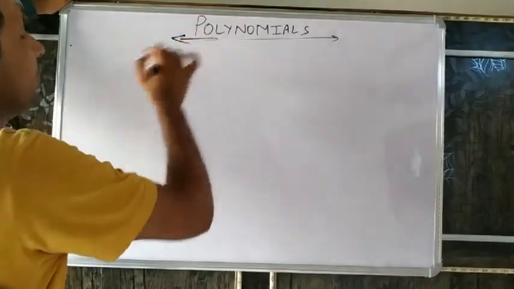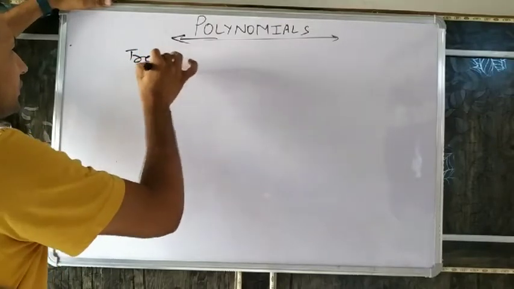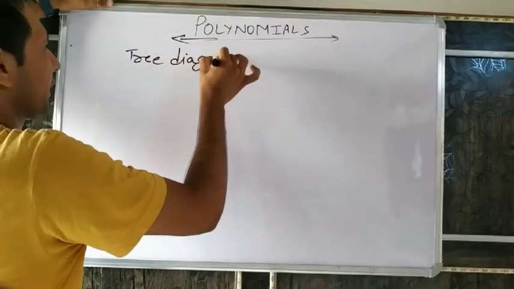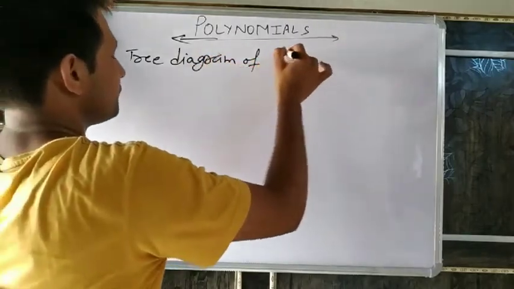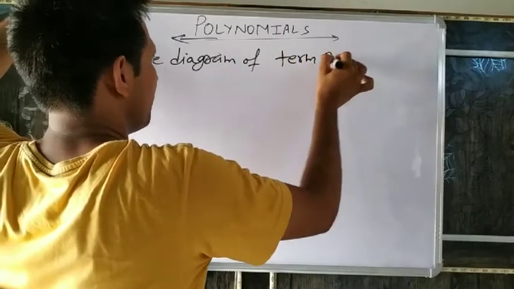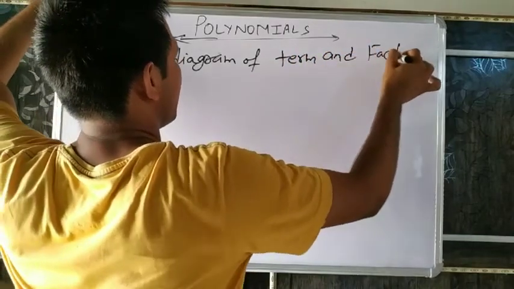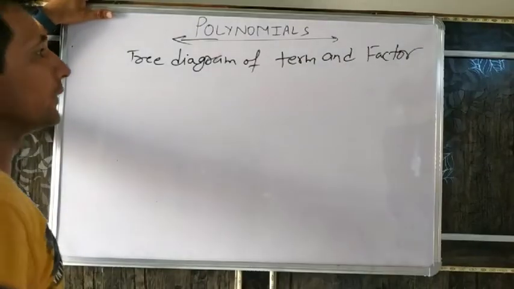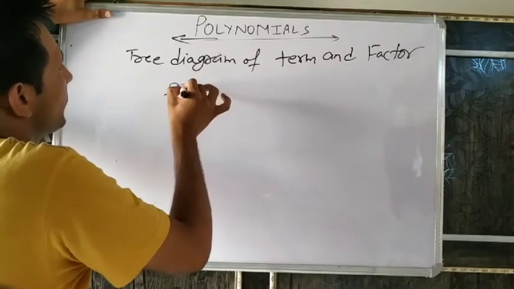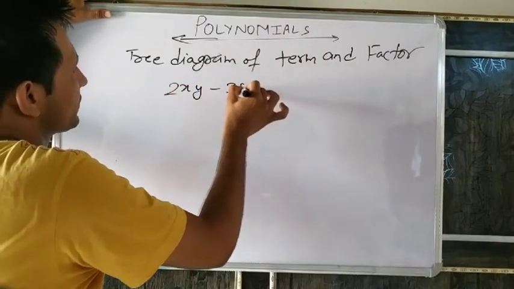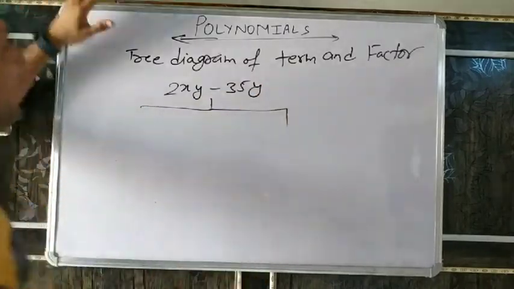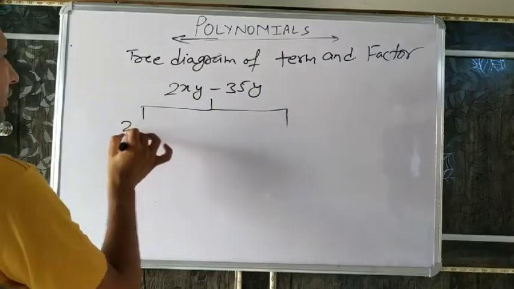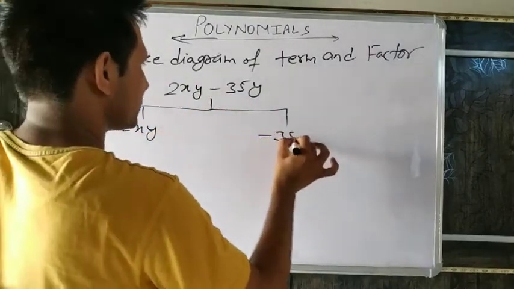Next, I think you already know the tree diagram of term and factor. In 7th class we already did the tree diagram of term and factor. Suppose like this one, 2xy minus 35y. How many terms are in this one? 2 terms: 2xy and minus 35y.